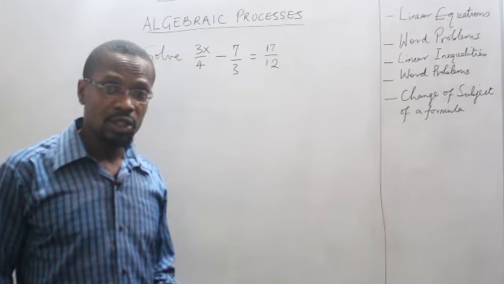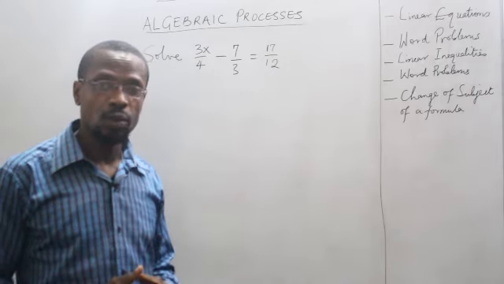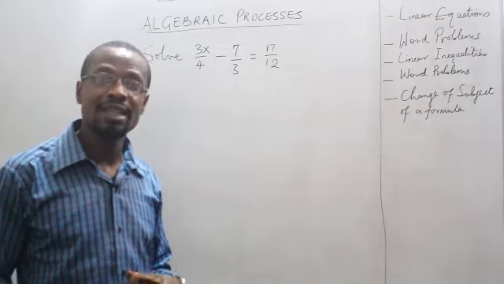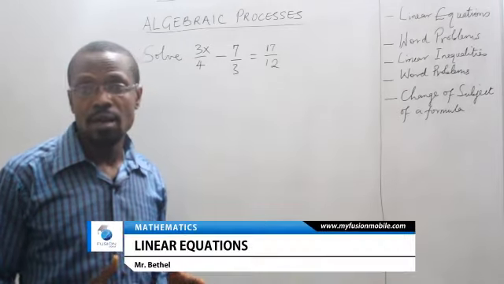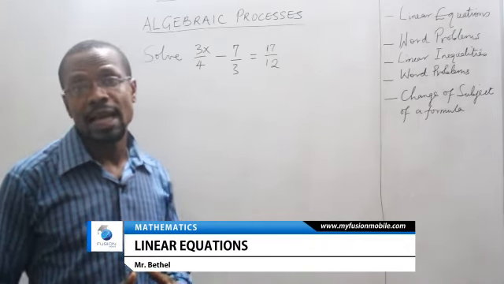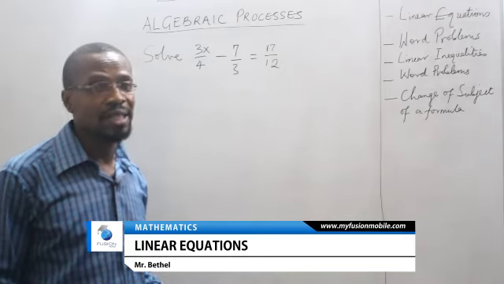We can decide to add a number to both sides of the equation. We can decide to subtract a number from both sides of the equation. We can decide to multiply both sides of the equation with a particular number. We can also decide to divide both sides of the equation with a particular number.